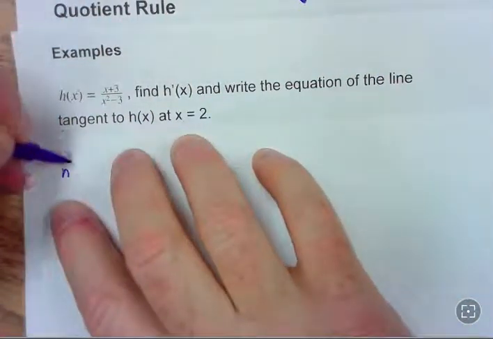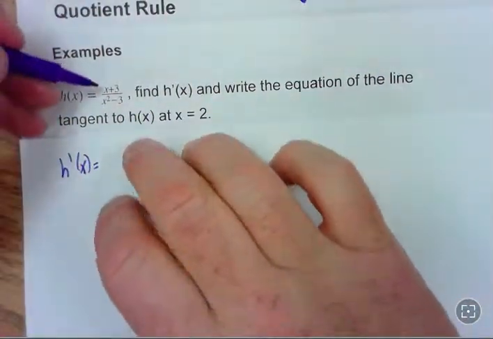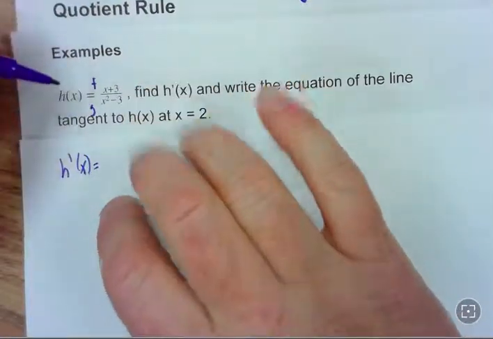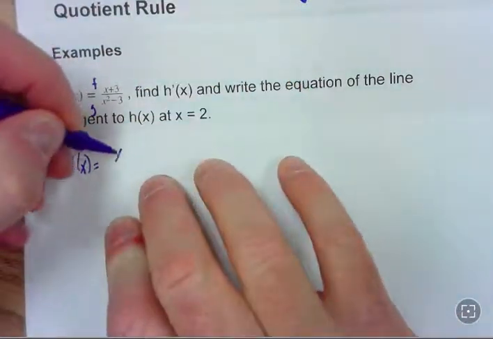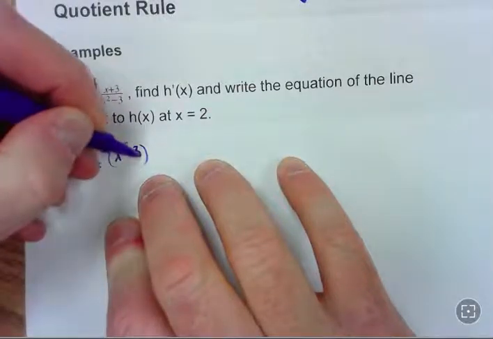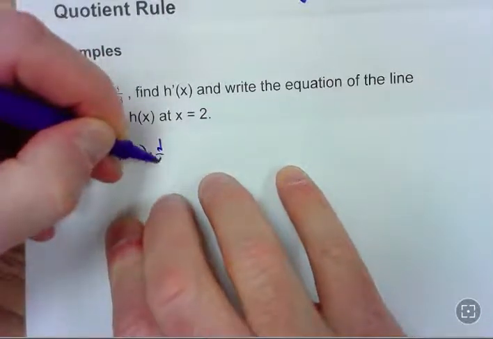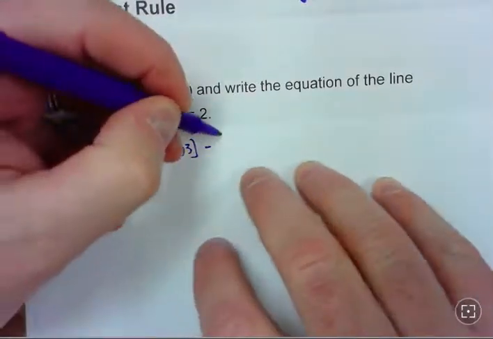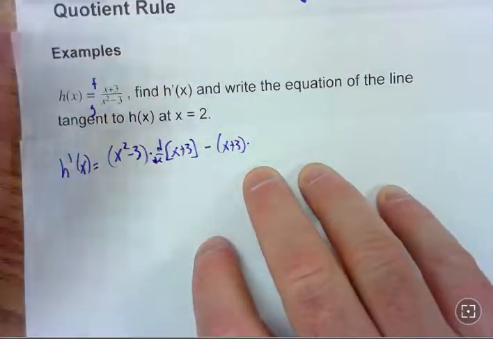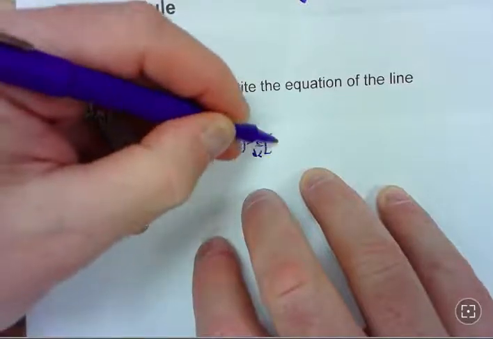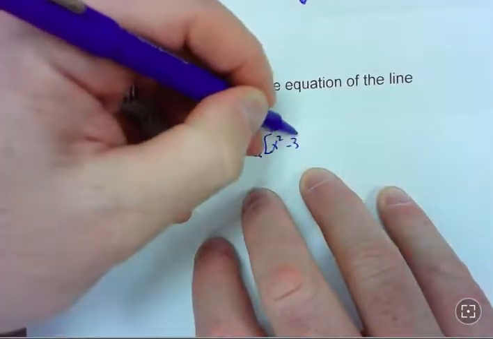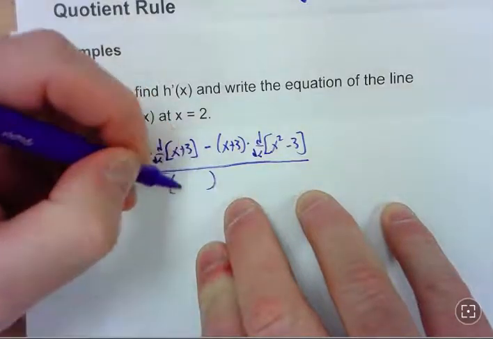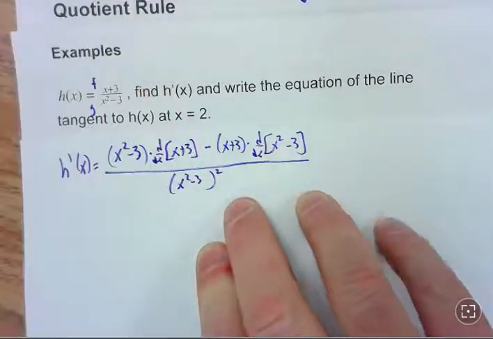All right, so to find h prime, here's the quotient of two things. So I'm going to say this is f and this is g, top, bottom. So I need to take the bottom, and I'm going to write it out, times the derivative of the top, minus top times derivative of bottom, all over the bottom squared.